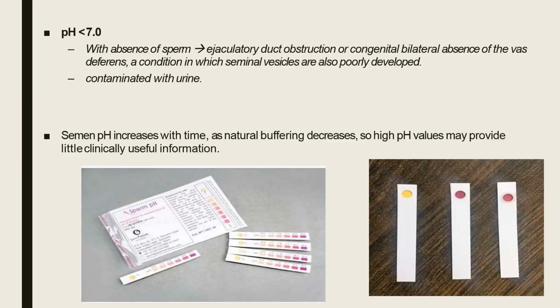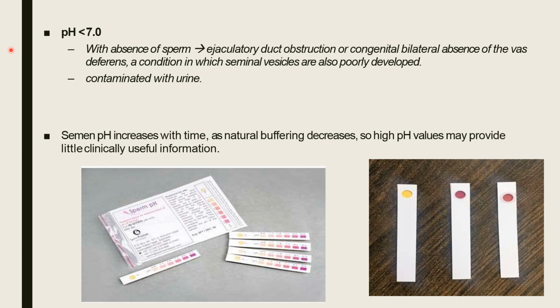And if pH is less than 7, it means there is ejaculatory duct obstruction, or absence of seminal vesicles, or the seminal vesicles are poorly developed, so they cannot release their basic liquid into the semen. So the semen is toward a little acidic.